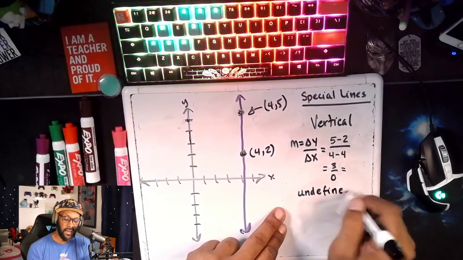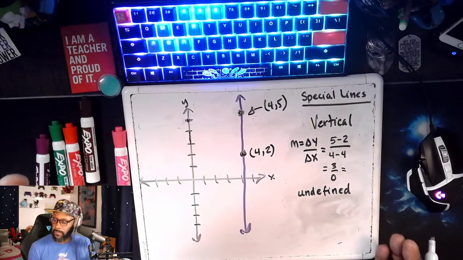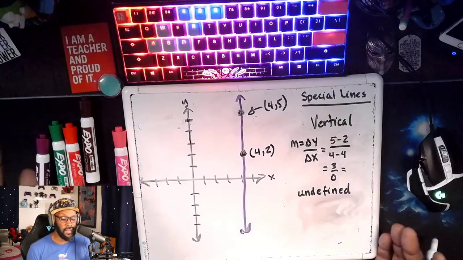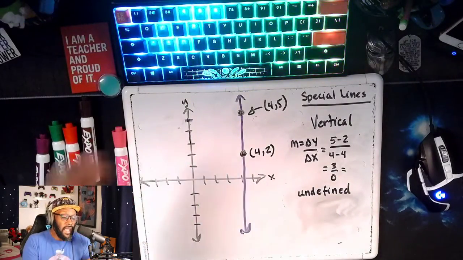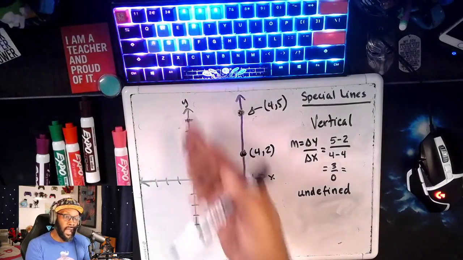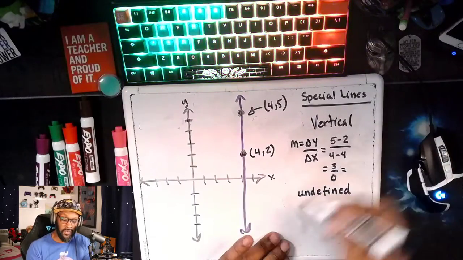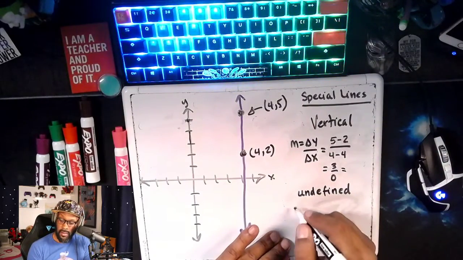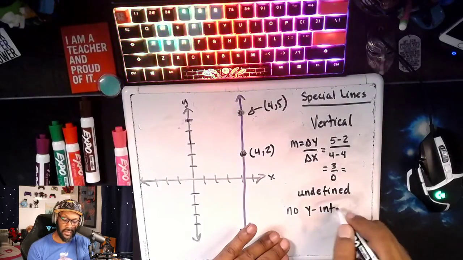There's no defined slope for this whatsoever. And since there's no defined slope, there's no y-intercept. The y-intercept is where the line intersects the y-axis. This line does not intersect the y-axis. So with vertical lines, there's no y-intercept.